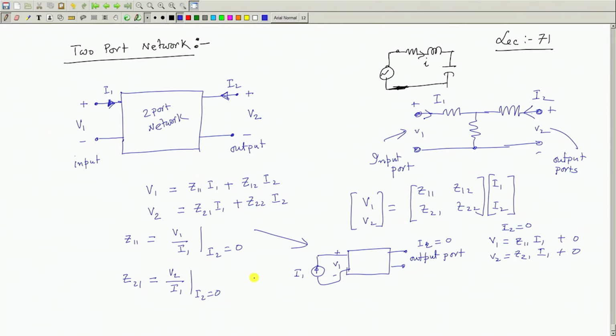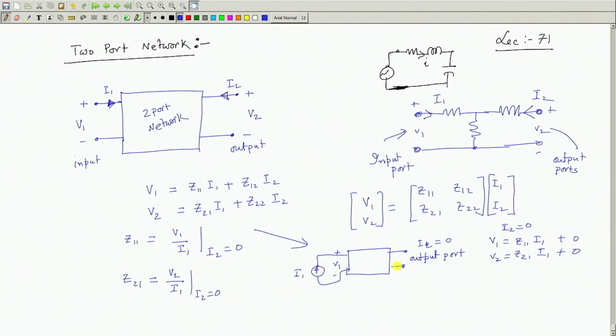Got the point? Therefore, although it is a given 2 port network, these parameters can be found out by doing a simple test. Excite this with a current source, note down this voltage.